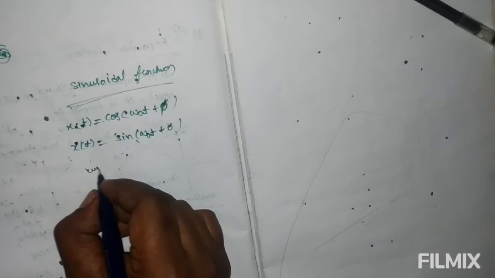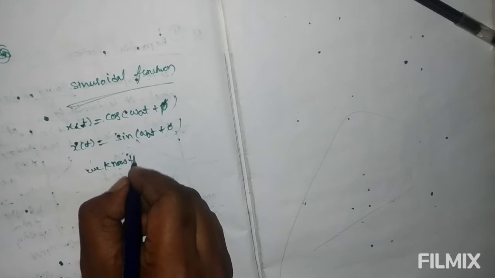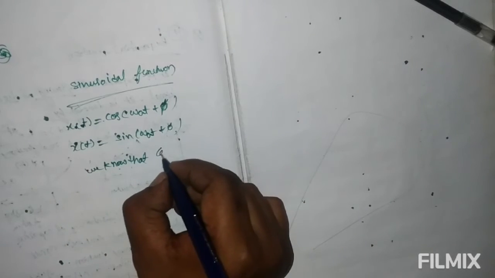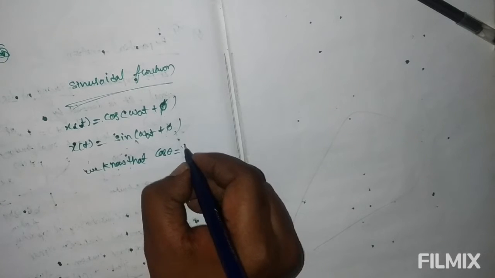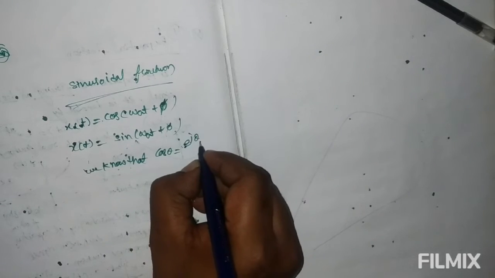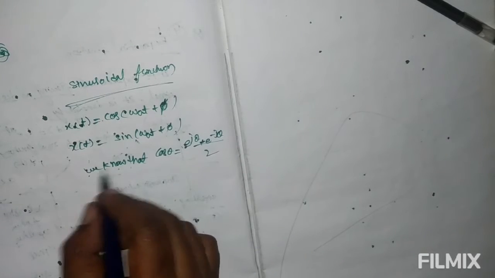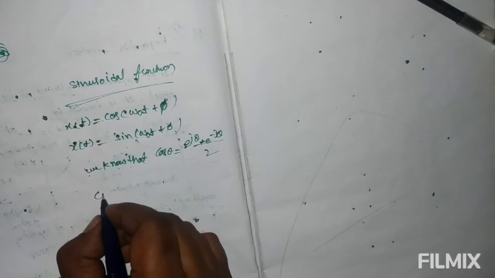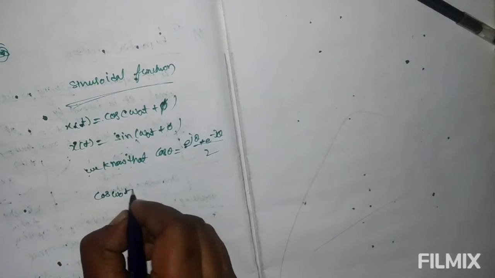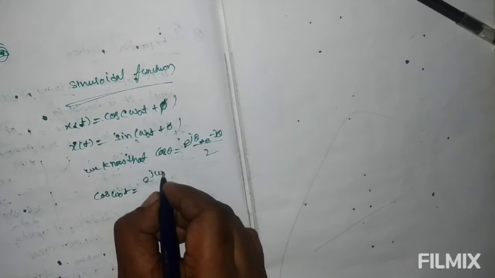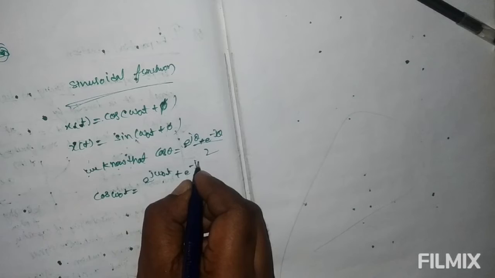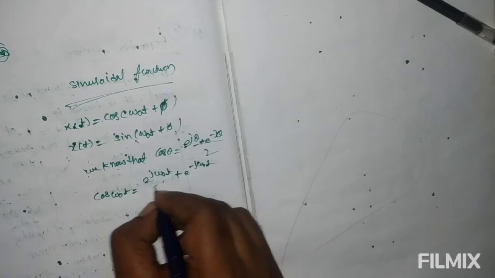We know that cos theta equal to e power j theta plus e power minus j theta by 2, by trigonometric relation. So cos omega naught t equal to e power j omega naught t plus e power minus j omega naught t by 2.